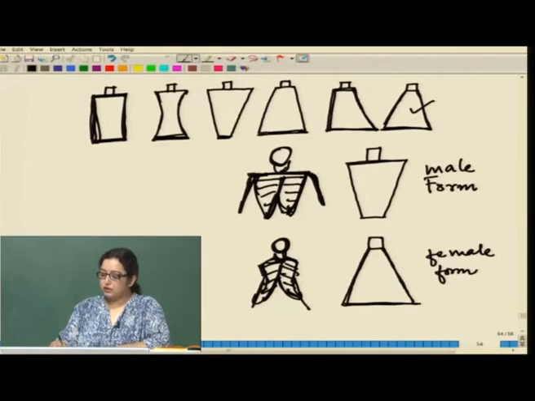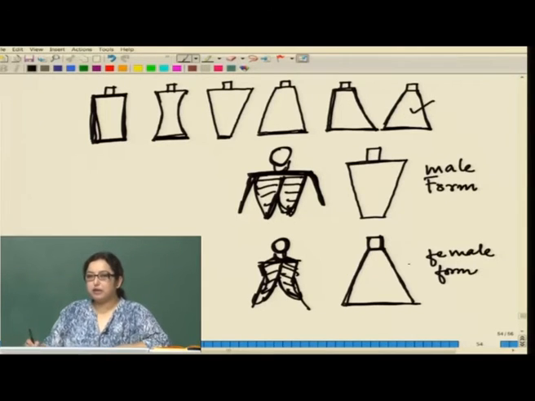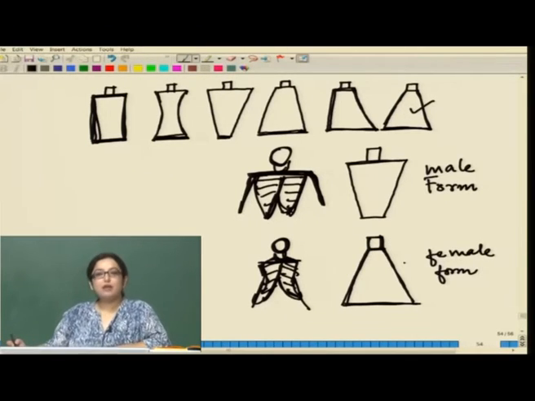So, here the shoulder part is wider than this. So, by those similarities, by those associations, we can always recognize a form as a male form and another one as a female form. There are many other examples that do not really have much of a direction, we cannot define them, but still that is how we understand them.